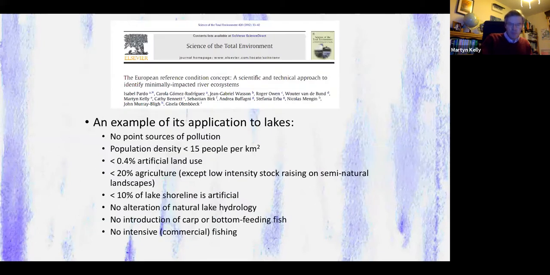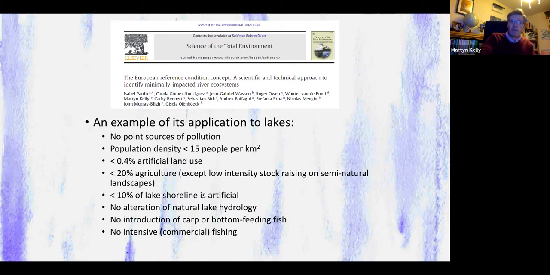And over time, something called the European reference approach developed, a mixture of objective and subjective processes. It came up with some criteria for land use and chemical thresholds that roughly equated with the no effect concentration.